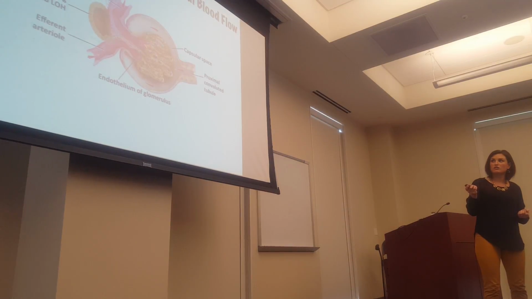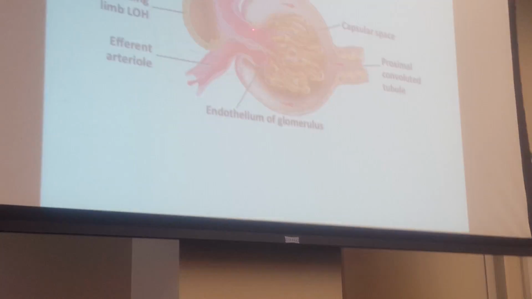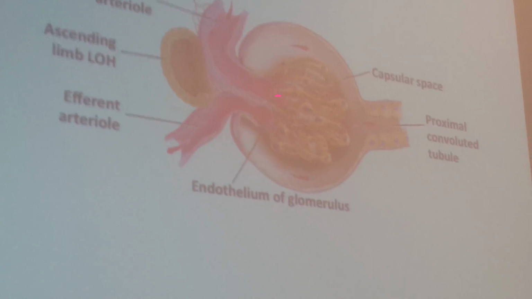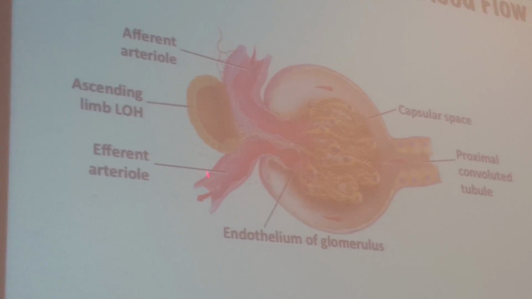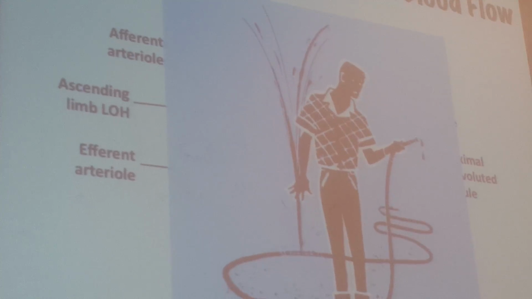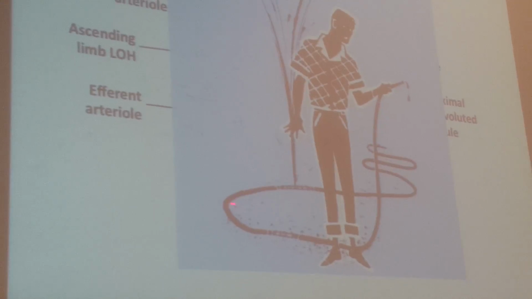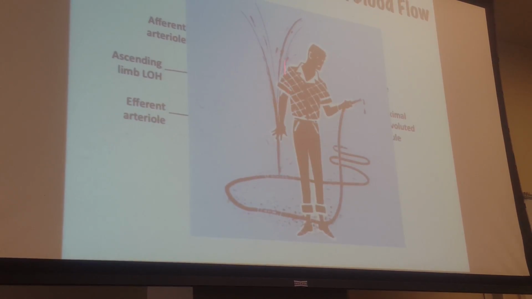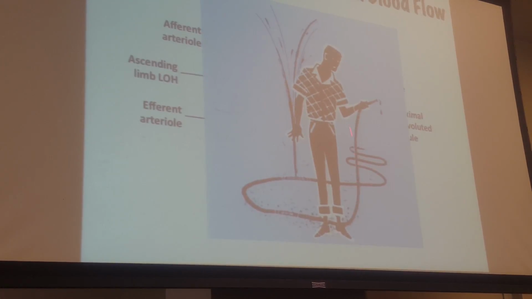You have fluid that's coming down the afferent arteriole, and then it's like you have little holes in the capillaries, and that fluid is able to leave into the capsule. Whatever doesn't leave is going to move into the efferent arteriole, right? So if you think about it like a garden hose with holes in it, this is the fluid that's spraying out. And if the fluid is not spraying out, it's moving through to the end of the hose, all right?